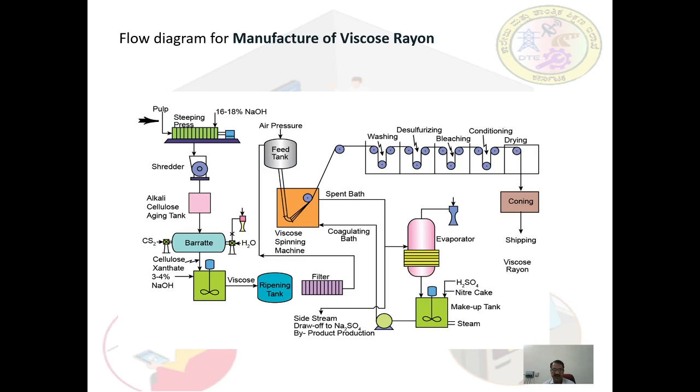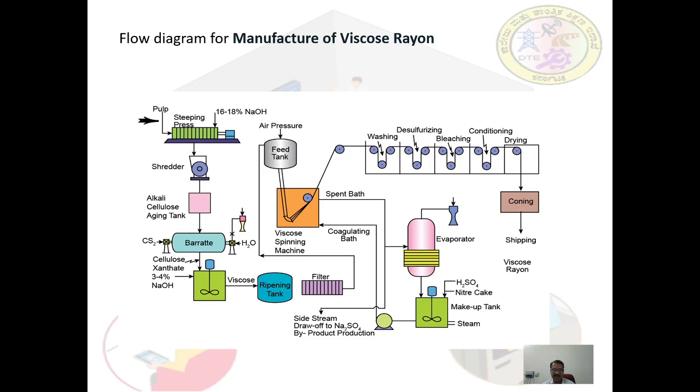The solution extruded from the spinneret is contacted with an acid bath which precipitates the filament without causing them to break or stick to each other.